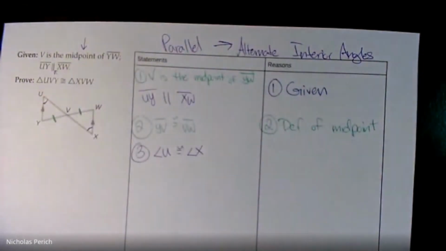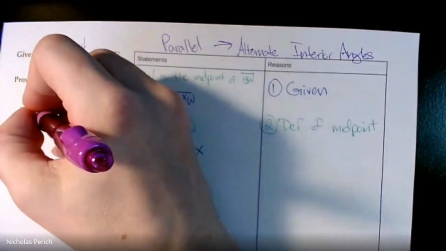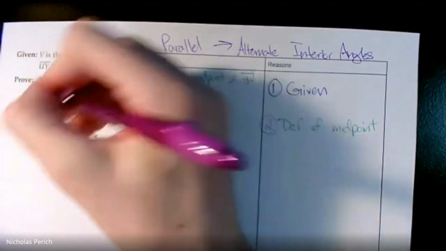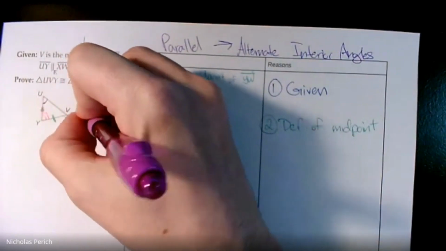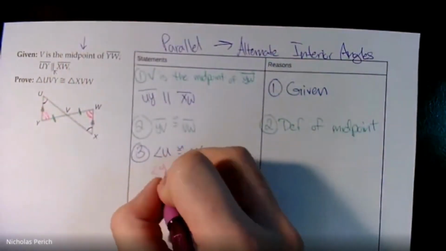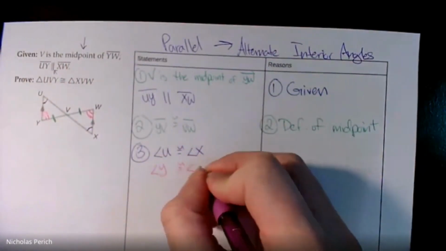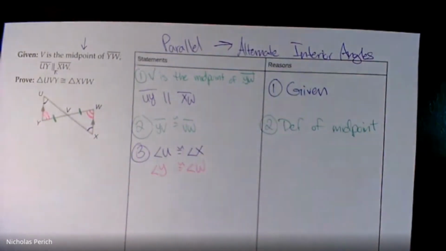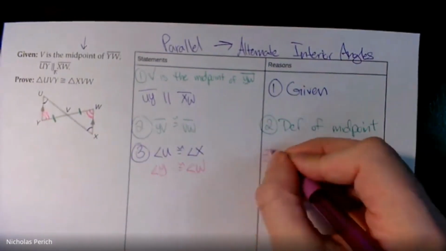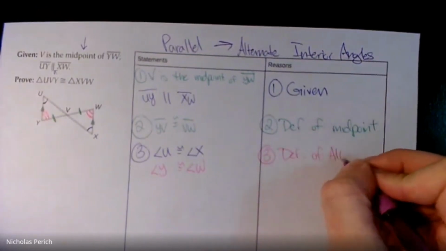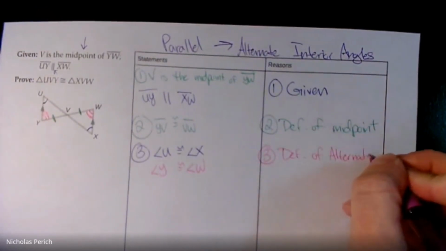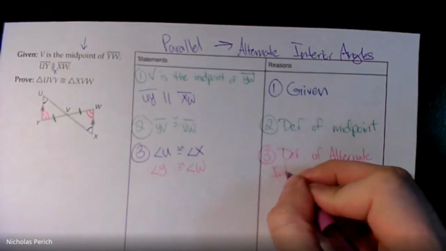You know what else I could say? I can say that angle Y is congruent to angle W. And the reason for these is the definition of alternate interior angles.